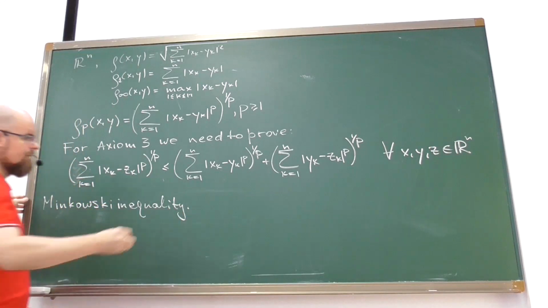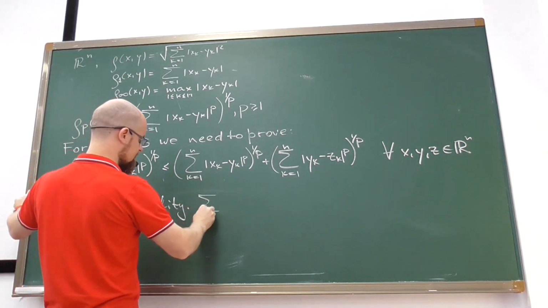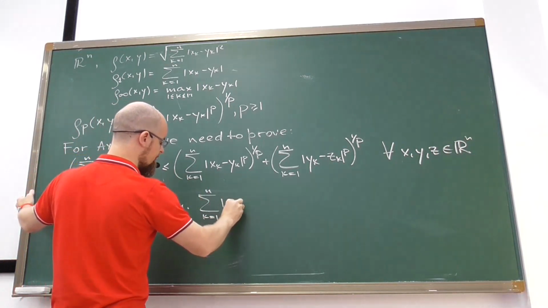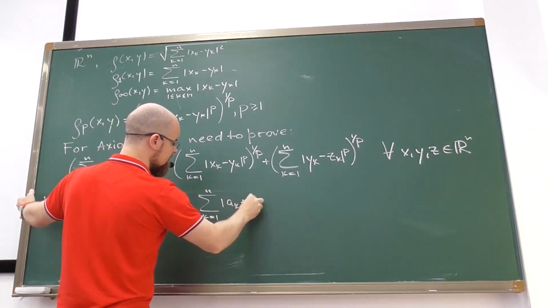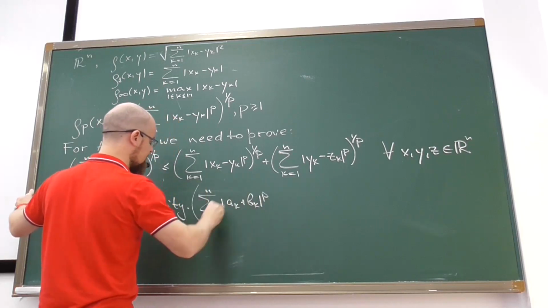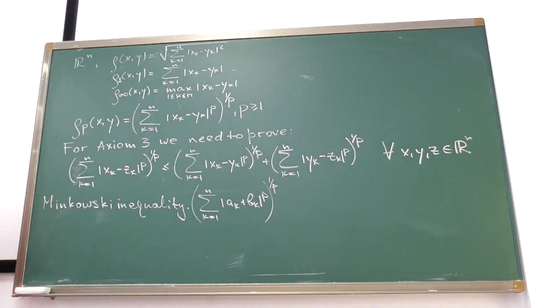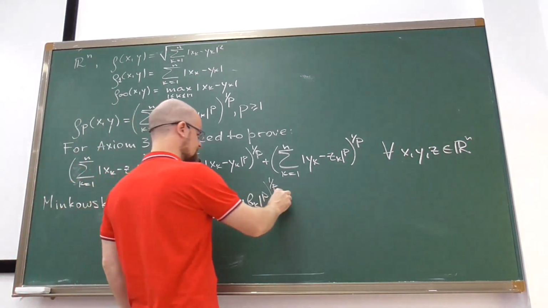Minkowski inequality, which is the sum of ak plus bk to the power of p, raised to 1 over p. Exactly the same, we've made exactly the same substitution as we did in the previous lecture.